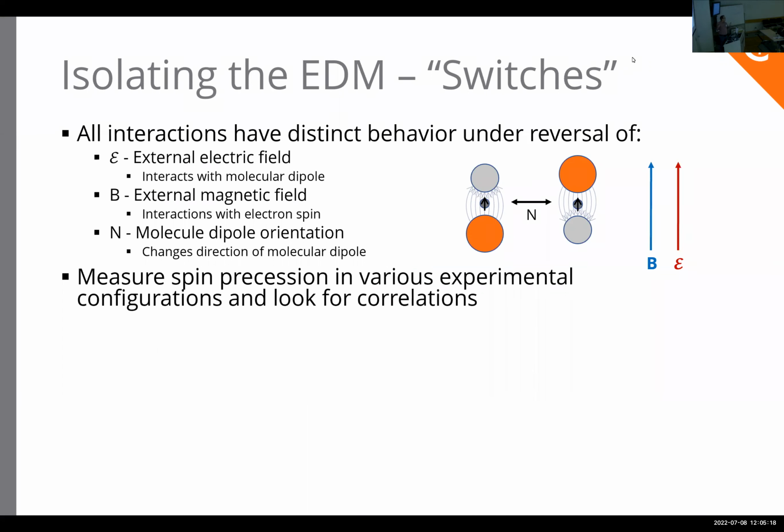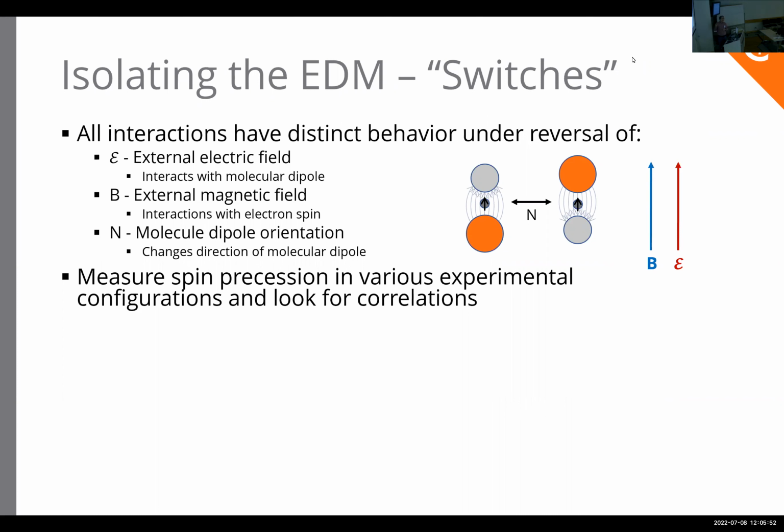There are many more, but three important ones are the external electric field direction, which gives you a handle on the internal molecular dipole; the external magnetic field, which gives you a handle on the electron spin, because there's a magnetic moment; and what we call N, the molecular dipole orientation. That's: do you do the experiment in this state or this state? Do you put the molecules in that state or that state?